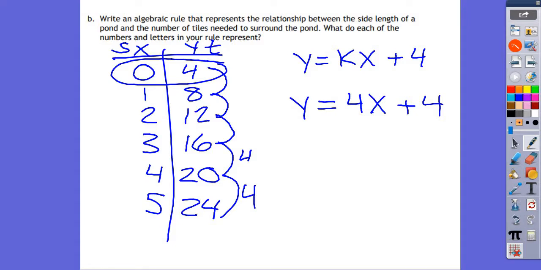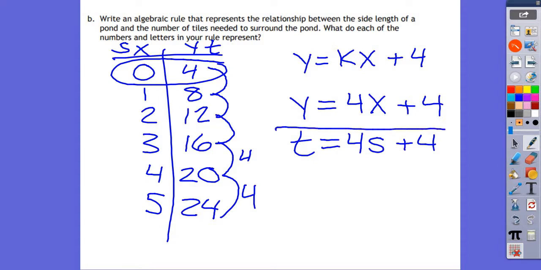So I need to go through what letter is representing X? S. And what letter is representing Y? T. Math people like to use curvy T's so they don't look like plus signs.